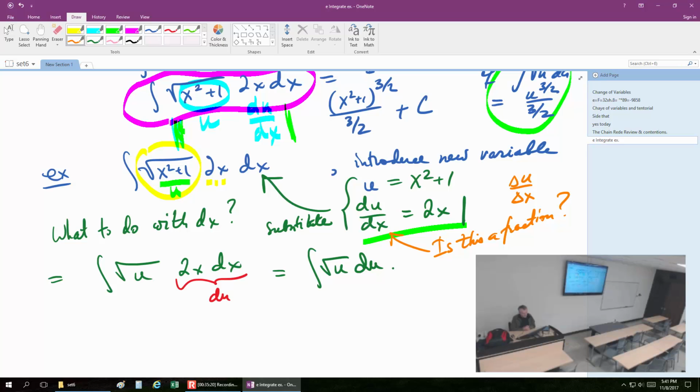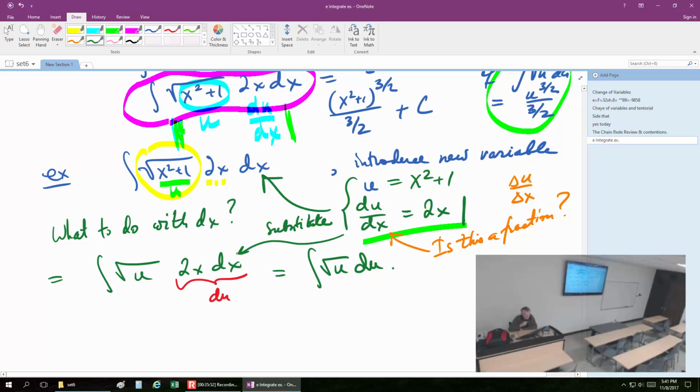So it works. We can verify it. Let's finish this problem and confirm that it indeed works. We already know that it works, but let's carry out this method all the way through. So we treat du dx as a fraction, which means that dx is equal to du over 2x, since du is 2x dx from over here.